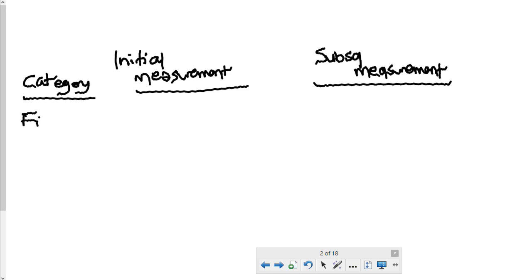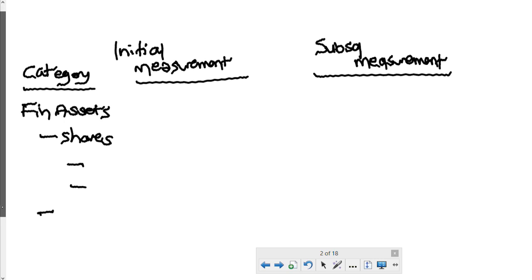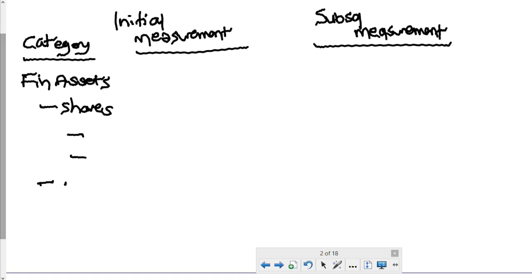So for financial assets, we have shares, and in shares we have two different types, and we also have debt instruments, loans. And then for financial liabilities, there aren't really categories, it's really just the one.